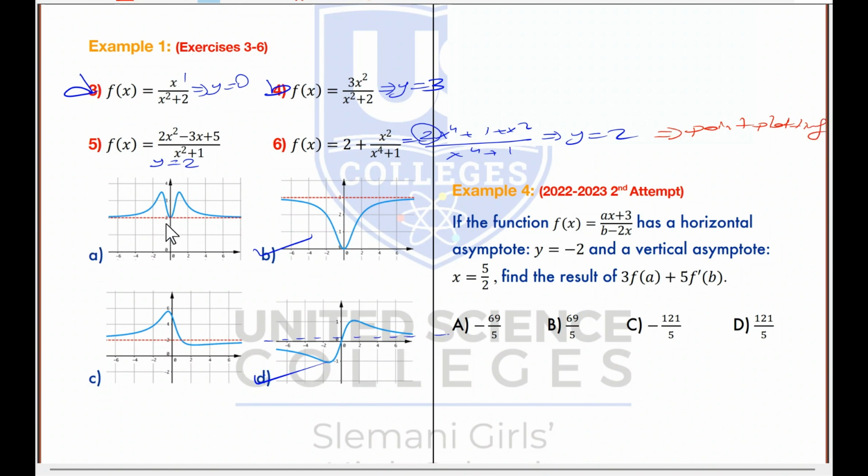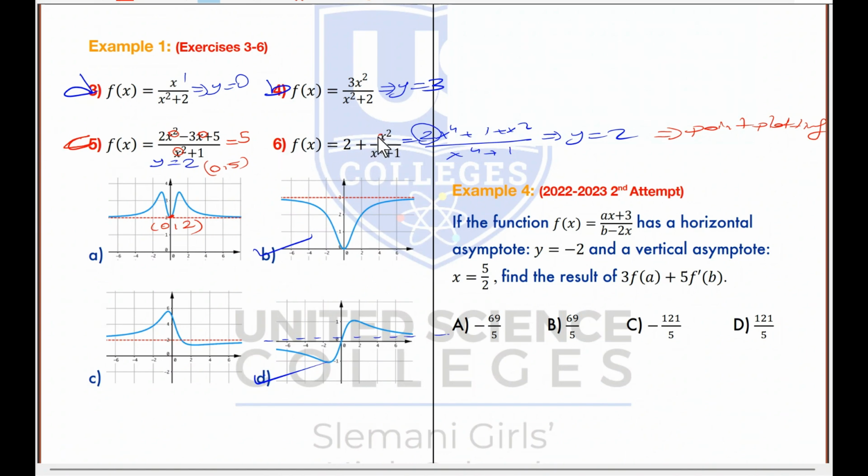For example, let's take this A graph. It is passing through (0, 2), right? So which one is passing through (0, 2)? Just try. When you put 0 for x in 5, what do you get as an answer? You get 5. So it is not (0, 2), it is (0, 5). So the fifth one is C then.